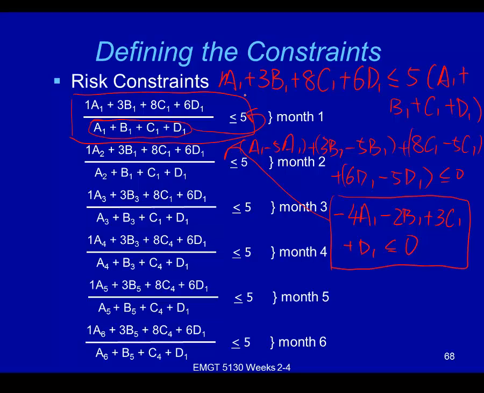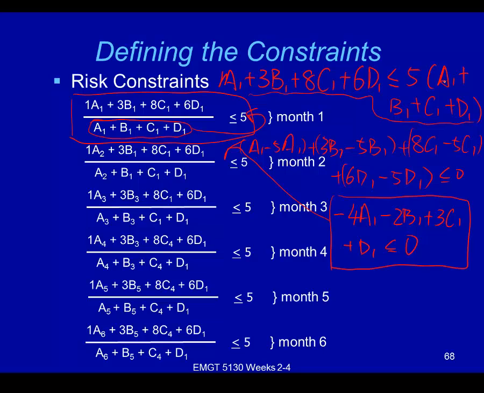But as I said, this format is also good, and it may be easier to implement in Excel because you will have just one cell representing the sum product of your money in the investment and their risk rating, and another cell representing the right-hand side, which is 5 times the sum of the total investment in that month. So with this, we'll just add those additional constraints to our original model.